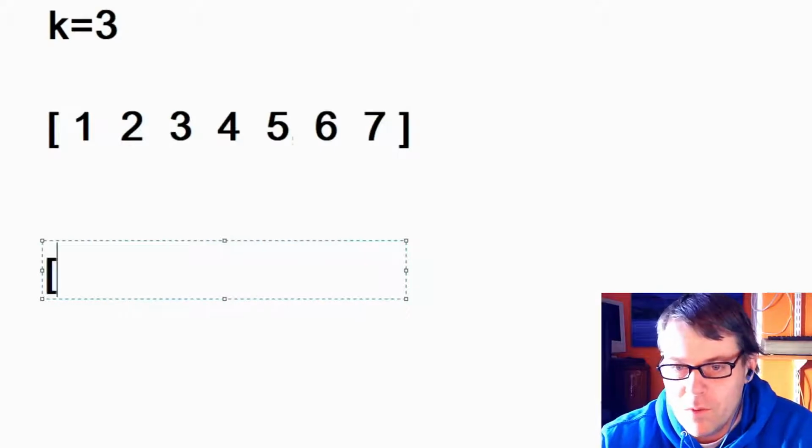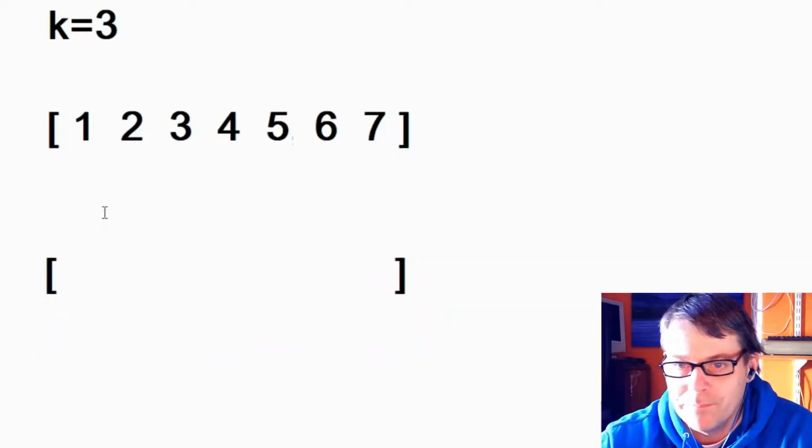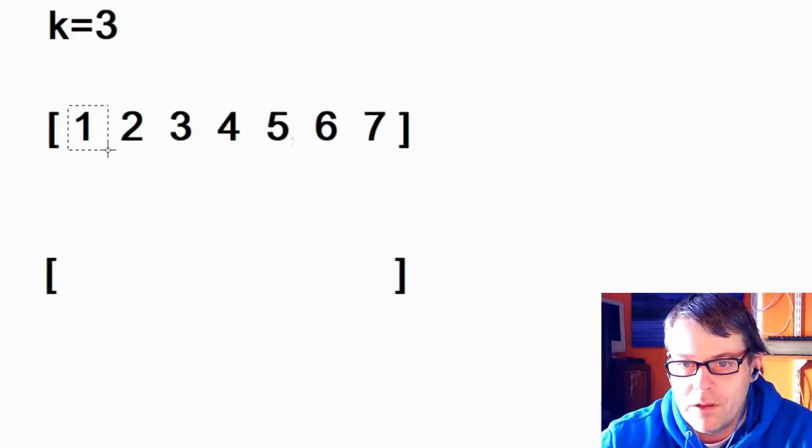Okay, the first way is going to be to make a new array the same length as the one we've got. Loop through the values. So we're going from index 0 up to index 6. We're going to take this value, add k onto the index and move it into that index. So 1, 2, 3 of our new array. We'll do the same for 2. The same for 3.